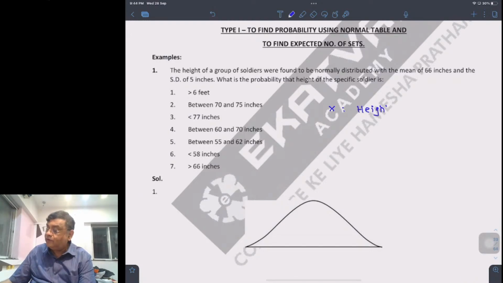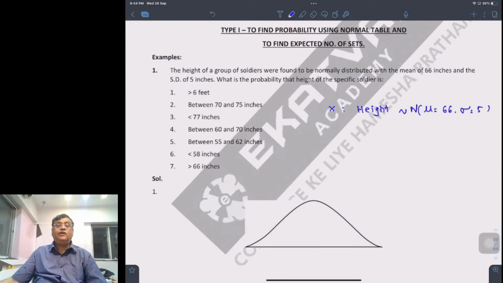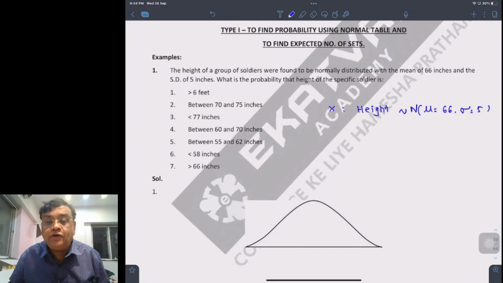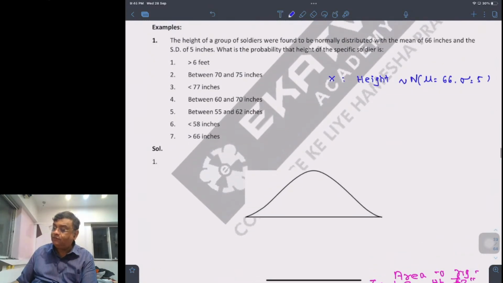The mean mu is equal to 66 and the standard deviation sigma is equal to 5 inches. X is the height, normally distributed with an average height of 66, that means mu is 66 and sigma is 5. Is that clear?